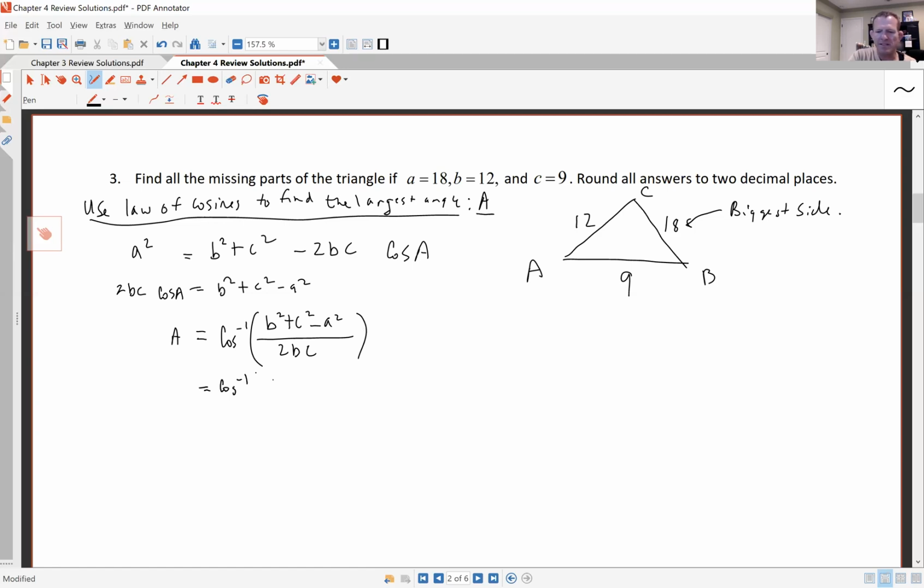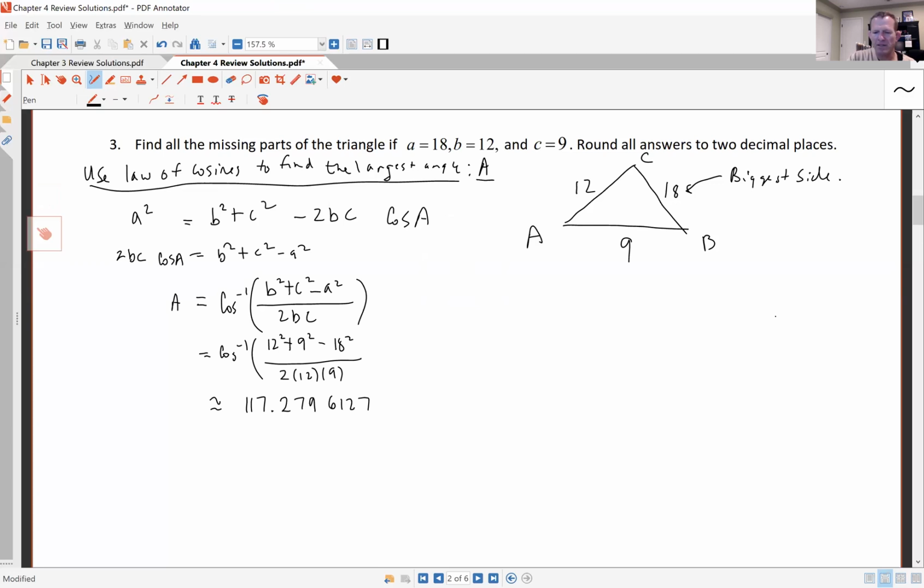So we put all that in: 12 squared plus 9 squared minus 18 squared, divided by 2 times 12 times 9. When we work that out, angle A comes out to 117.2796127. We'll round that to 117.28.